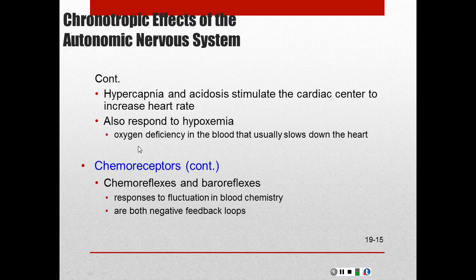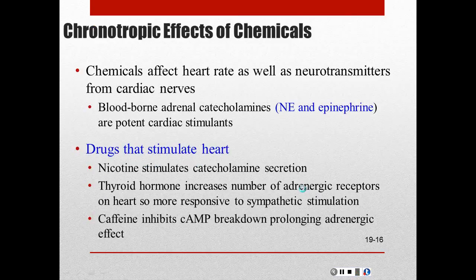Here it is on this page. Here we have our hypercapnia and our acidosis, and we have our hypoxemia. And here are our chemoreflexes and our baroreflexes that are responses to fluctuations in blood chemistry as well as pressure, and are both negative feedback loops.